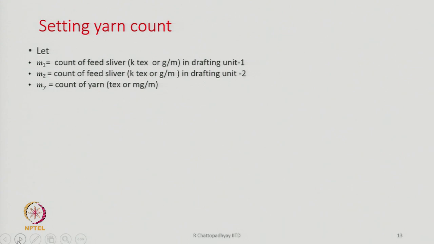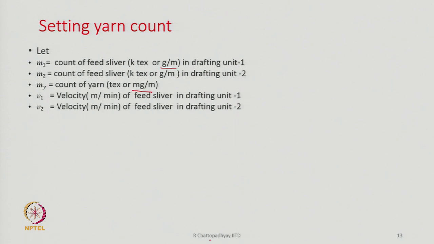My is the count of yarn in tex. So, tex basically means milligram per meter, you have to remember, and kilotex means gram per meter. V1 is the velocity of the feed sliver in drafting unit 1 and V2 is the velocity of feed sliver in drafting unit 2.